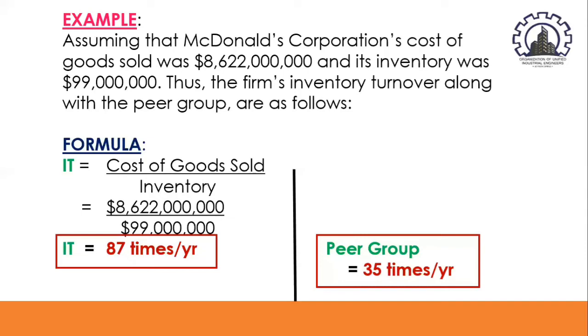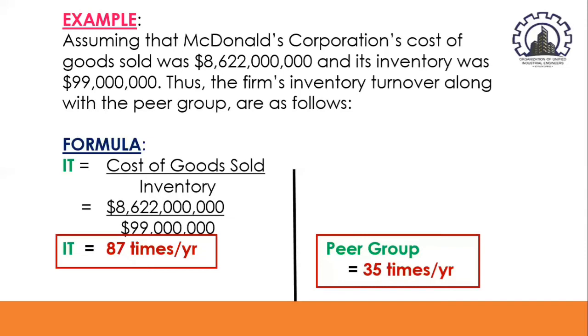So, using our formula, we have cost of goods sold all over inventory. Dividing the two, we get an inventory turnover of 87 times per year, compared to the peer group of 35 times per year only. So what is meant by this? Who is more effective in terms of inventory turnover?